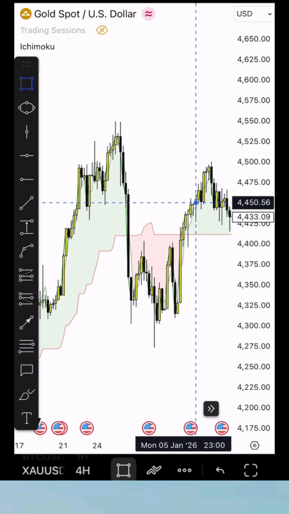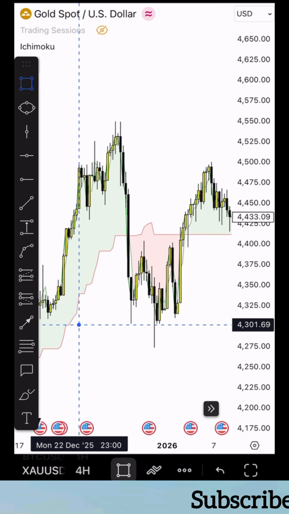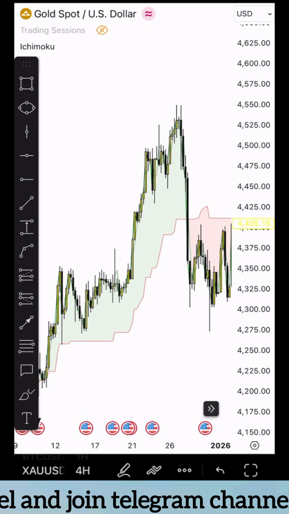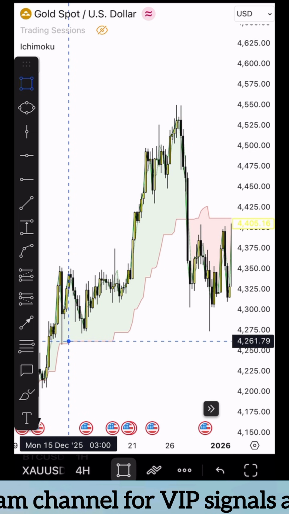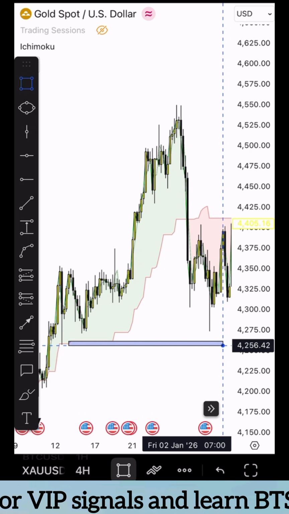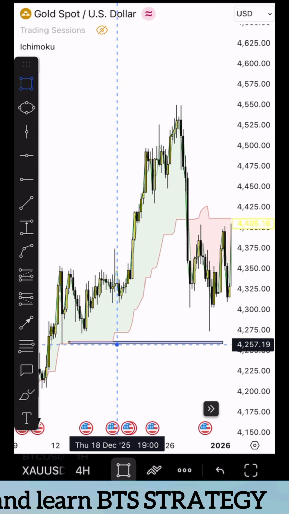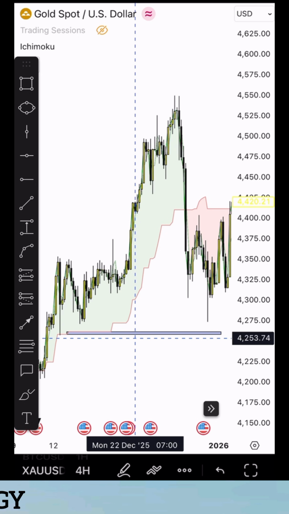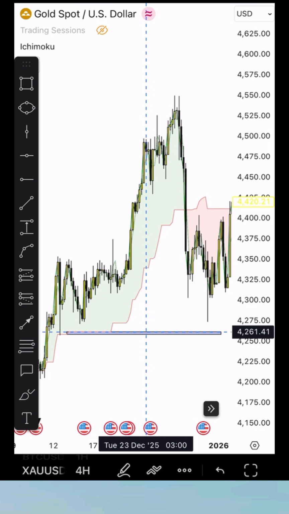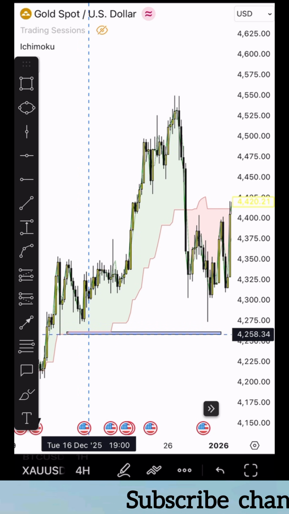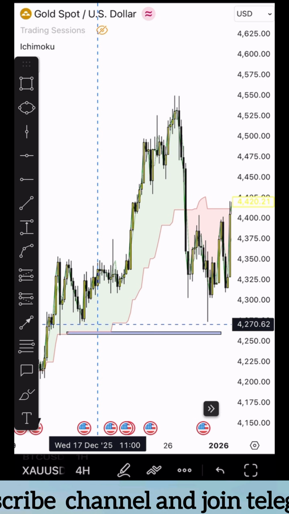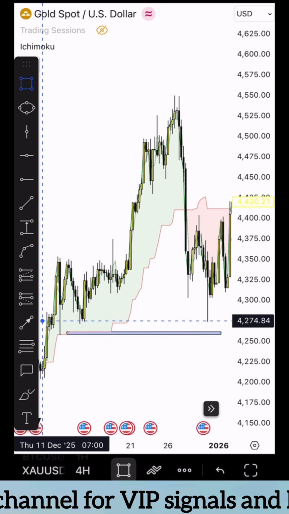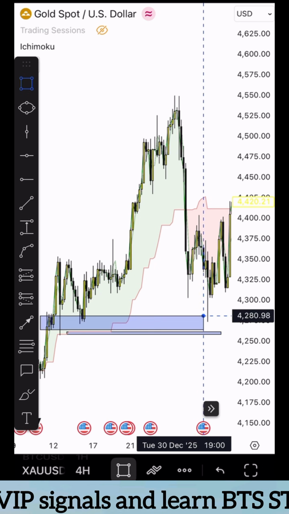Because if we look on the left, first things first, we've got a strong area. Whenever you find a strong area, support or resistance, if you look left or near this area, you will find an engulfing, which becomes your zone.